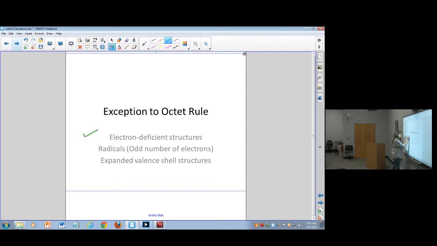And there are three exceptions: electron deficient structures, radicals or odd numbers of electrons, and expanded valence shell structures. Those are three possible exceptions to the octet rule.